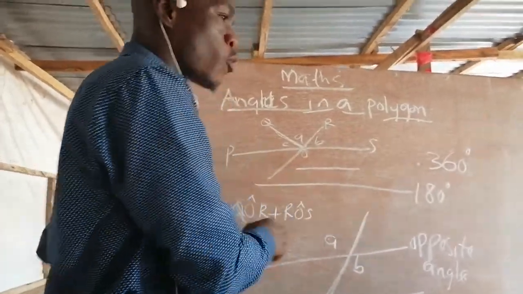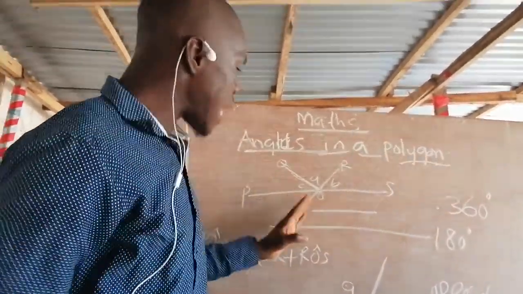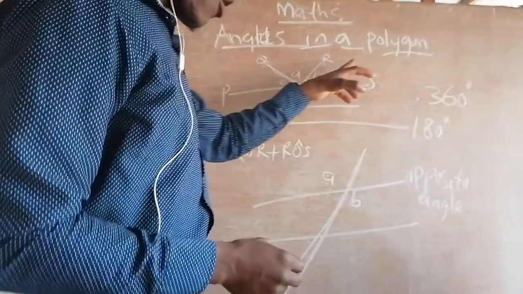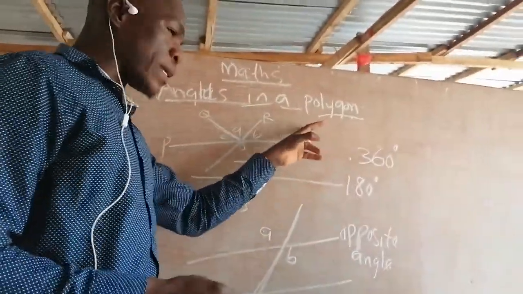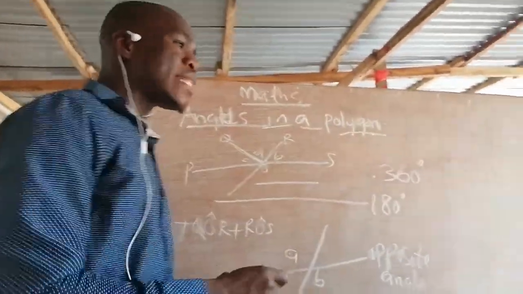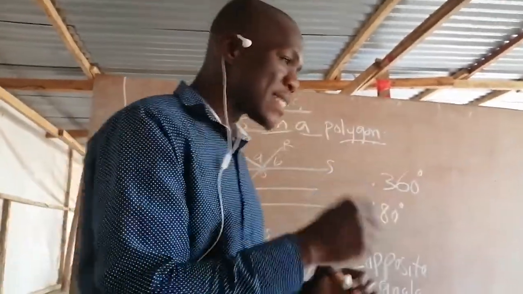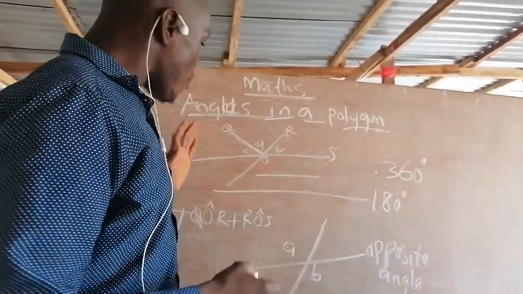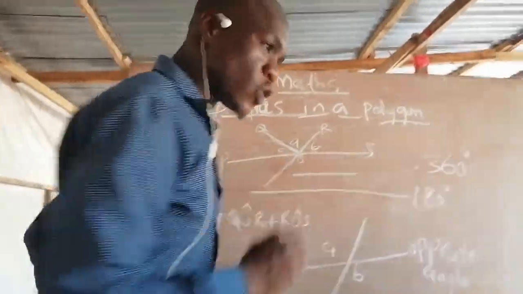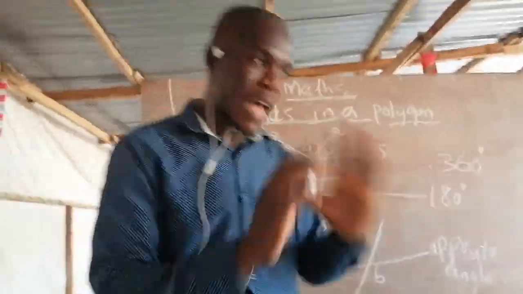I'm drawing you back to what we have done yesterday. Because now, angle in polygon, that's our topic. Angle in polygon is angle that is mentioned in this dimension.